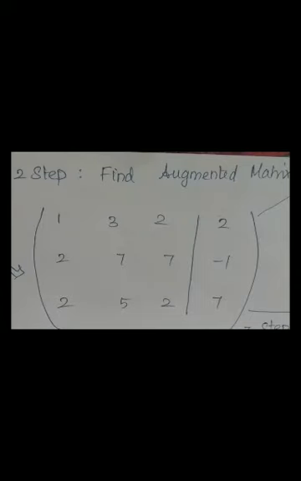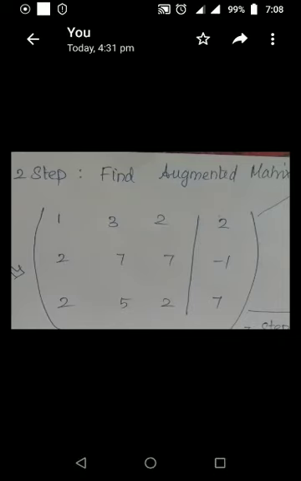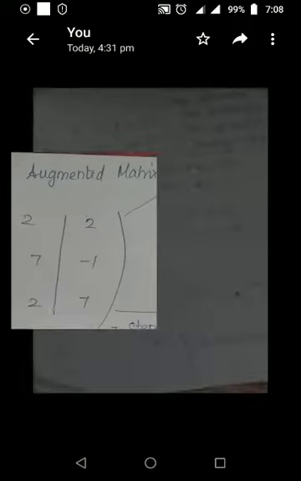What do we get? 2 minus 2 is 0. Next, 7 minus 3 into 2, 6, gives 1. 7 minus 2 into 2, 4, 7 minus 4 is 3. And then minus 1 minus 2 into 2, 4, gives minus 5 as the result.